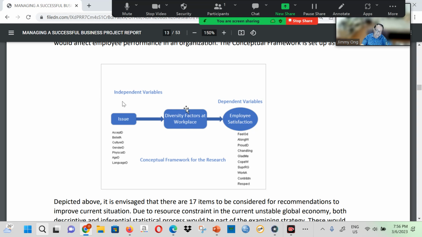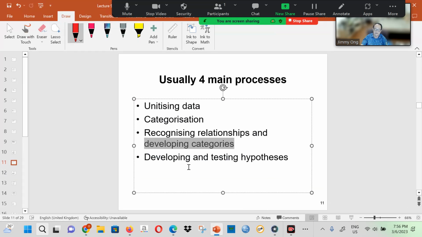This is the categorizing of the independent variables. This is the outcome. So all this must be clear first. Step by step, you must recognize the relationship first, then you categorize, then later you develop the hypothesis. It's a tall order here, okay?